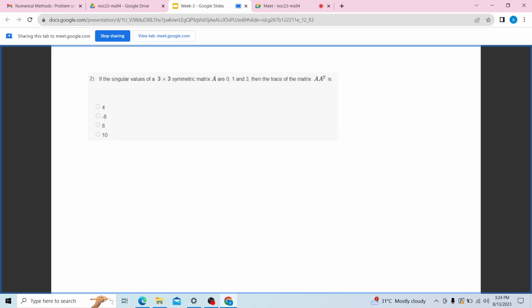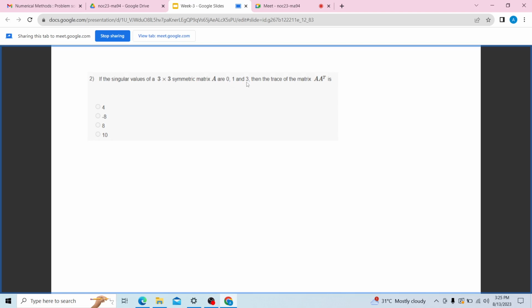So what are the singular values? Anyone? What is the singular value of a symmetric matrix? If you are given a matrix A that is symmetric, then the singular values are the absolute values of the eigenvalues of A. Fine. So here you have been given singular values as 0, 1 and 3.